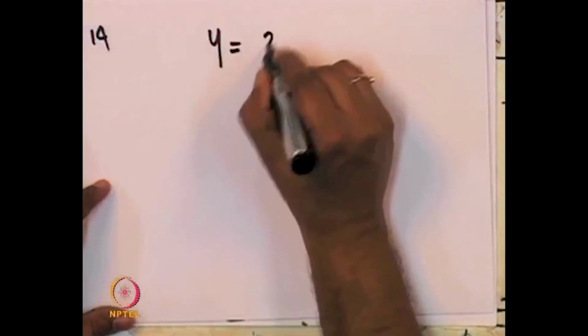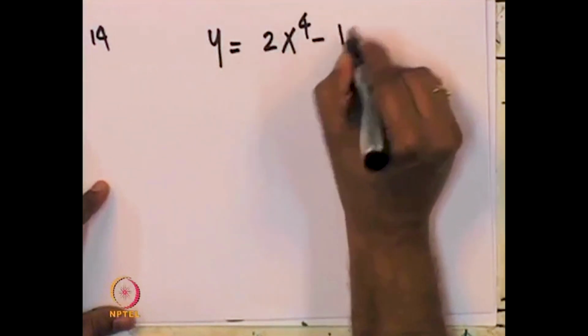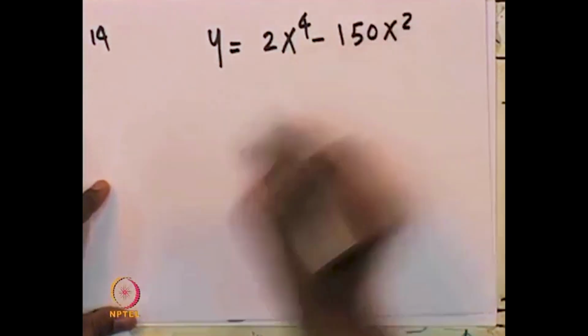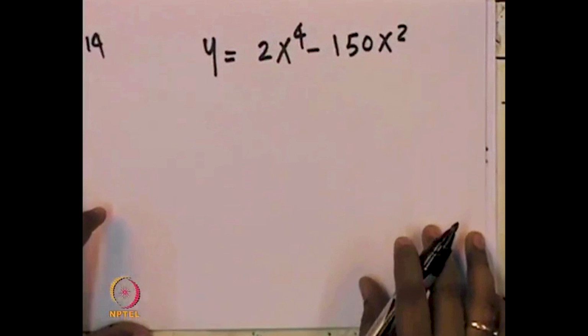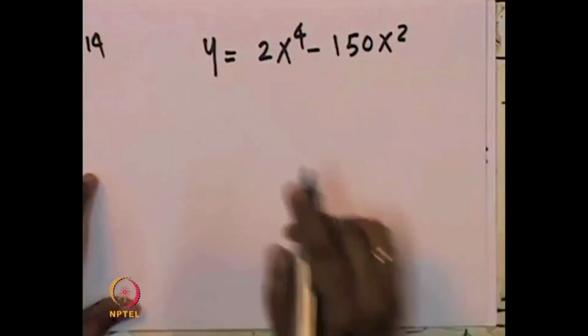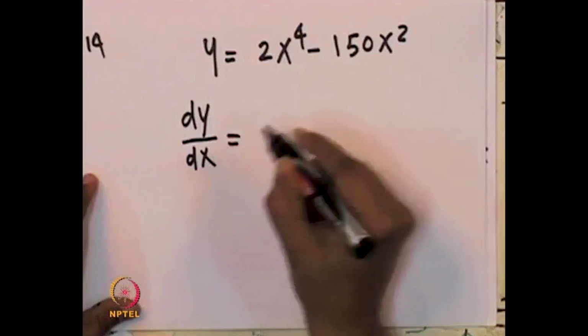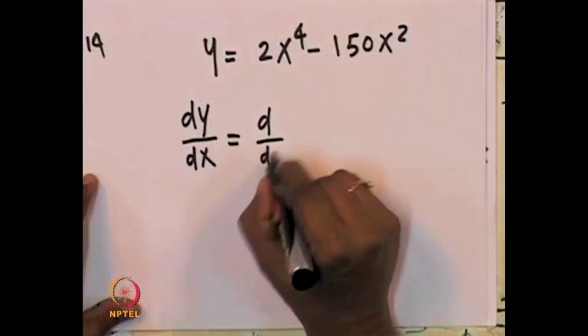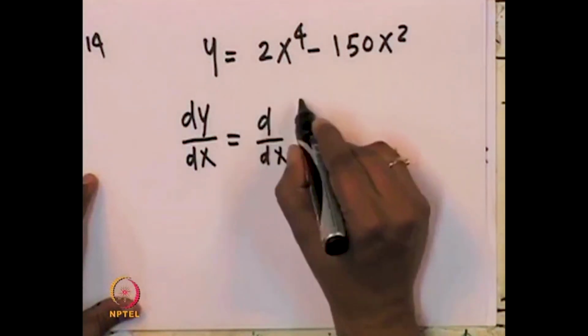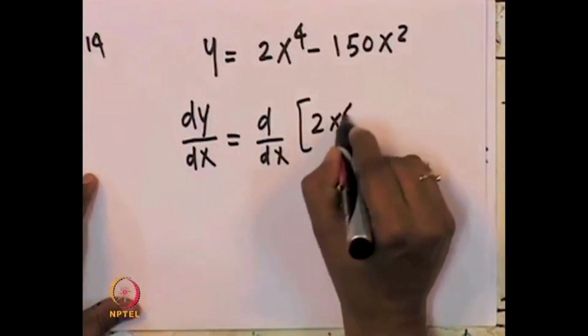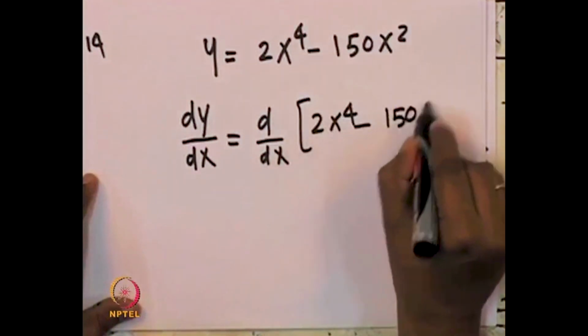So let us find the derivative of this function. The function we have is y equals 2x power 4 minus 150x square. Now the derivative dy by dx is d by dx of 2x power 4 minus 150x square.